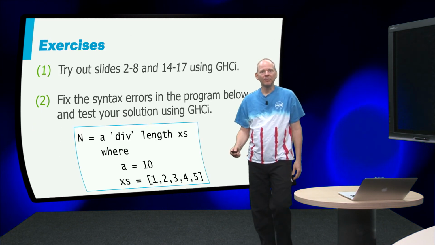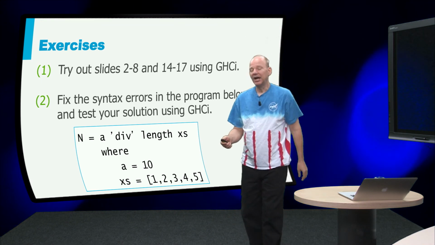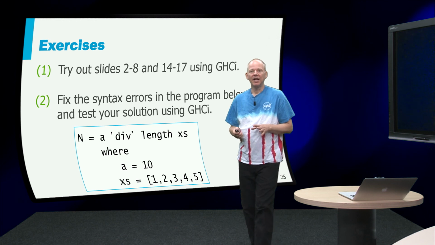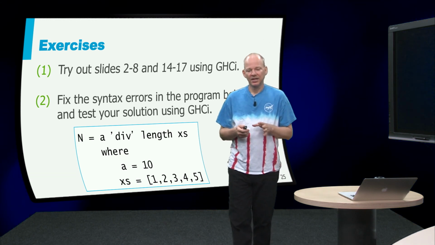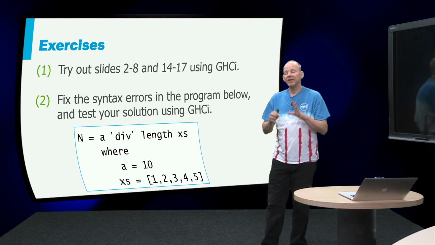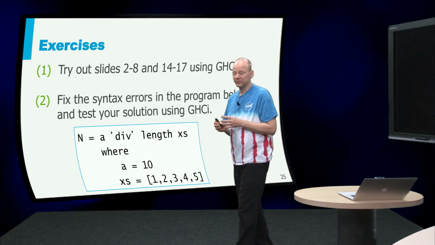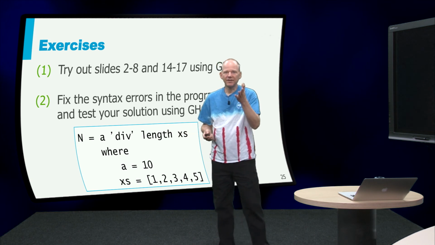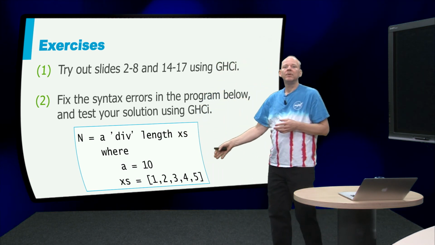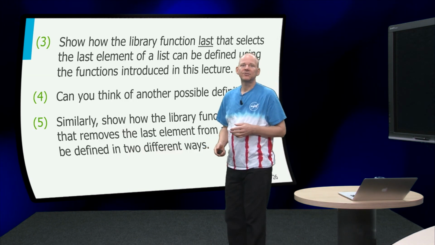Okay, so there will be a lot of exercises. The exercises will be on the website, and you should be able to do all these exercises in any language. So you don't have to use GHC, but in this case, since this lecture is about GHC, they will be GHC specific.